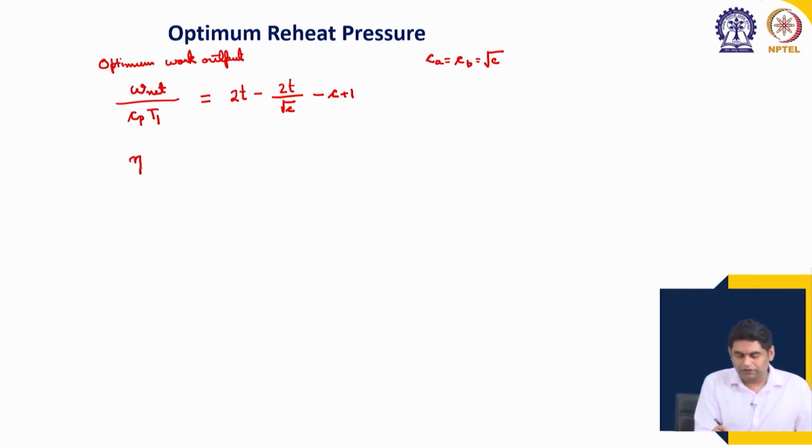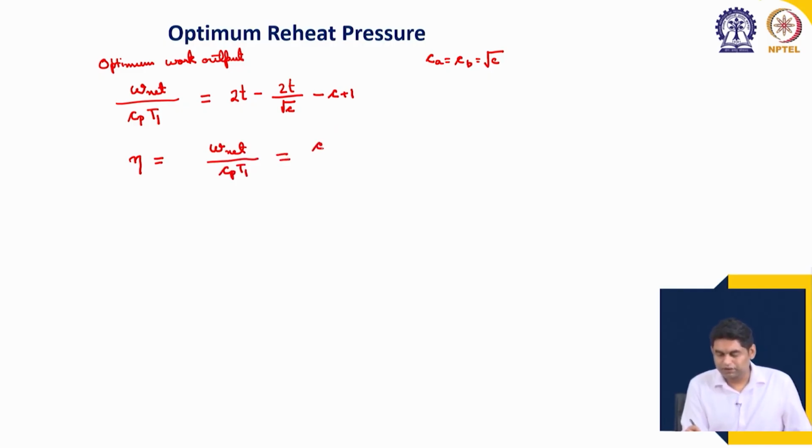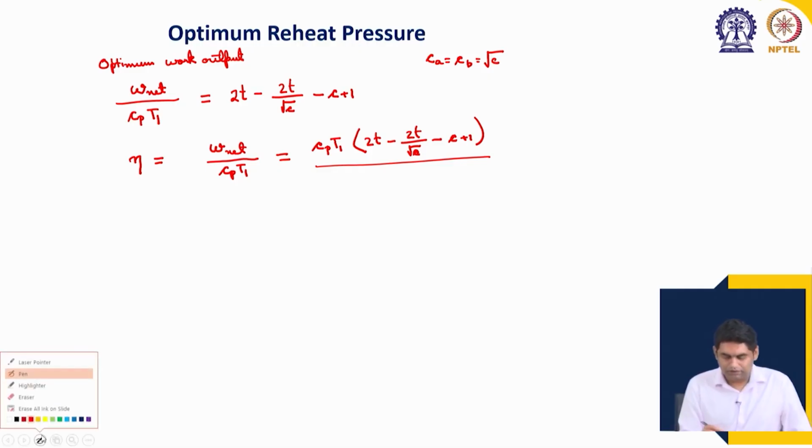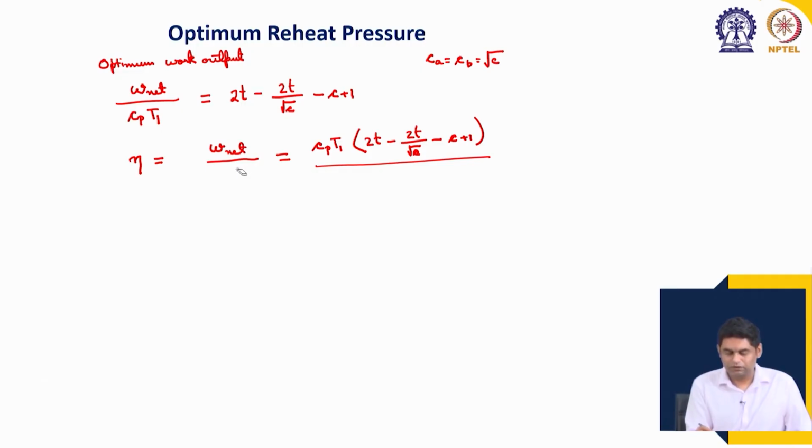Then the efficiency corresponding to this is equal to W net by, remember that W net itself is CPT 1 multiplied by this 2 T minus 2 T by root C, okay, minus C plus 1, divided by, so not CPT 1, sorry, I made a mistake, W net by heat addition.